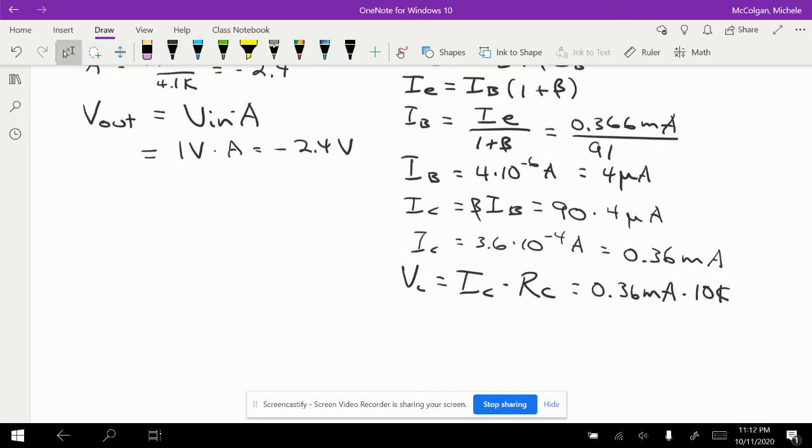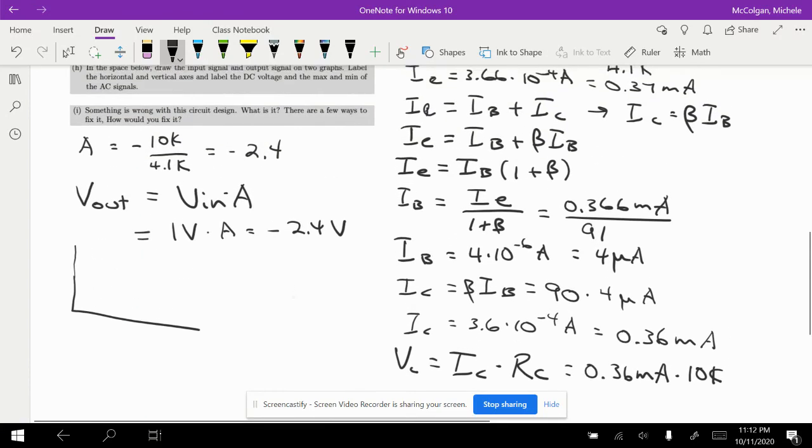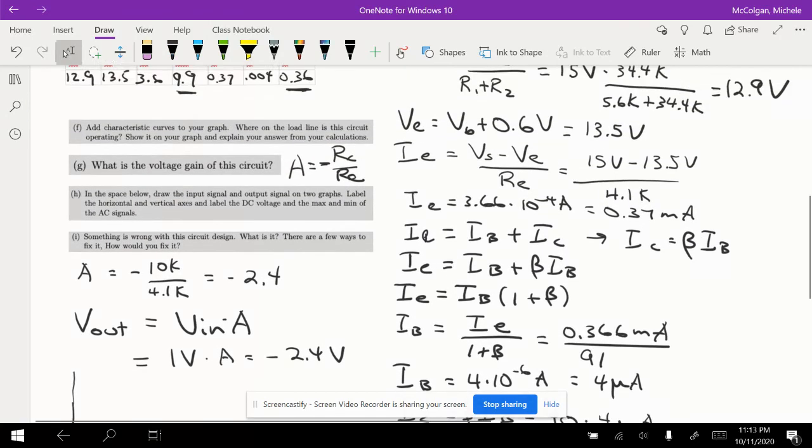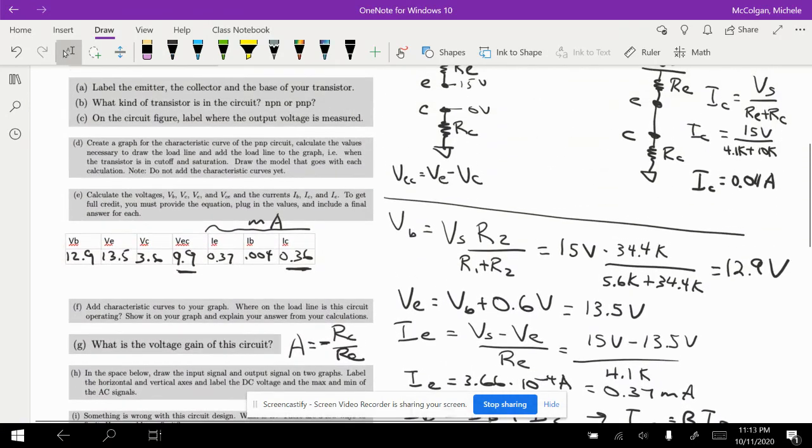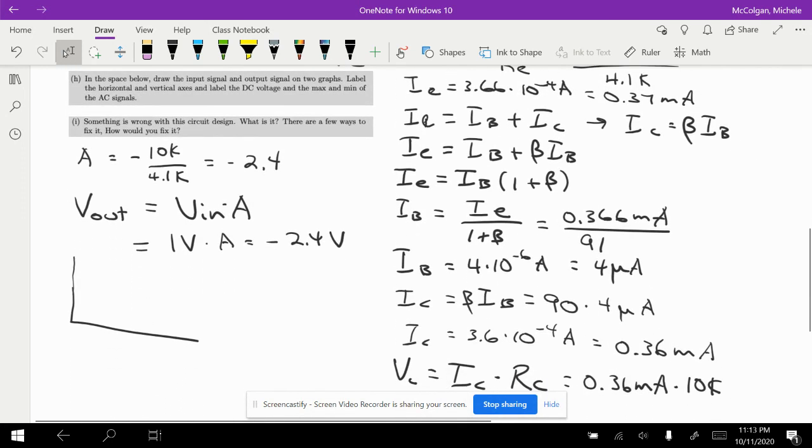Based on our information, we've got an input signal up at VB. Our VB is at 12.9, so our input signal is going to look like this, at 12.9.